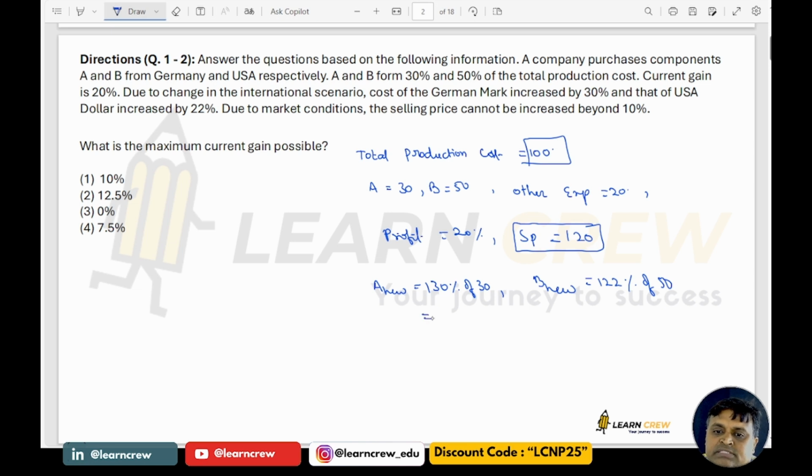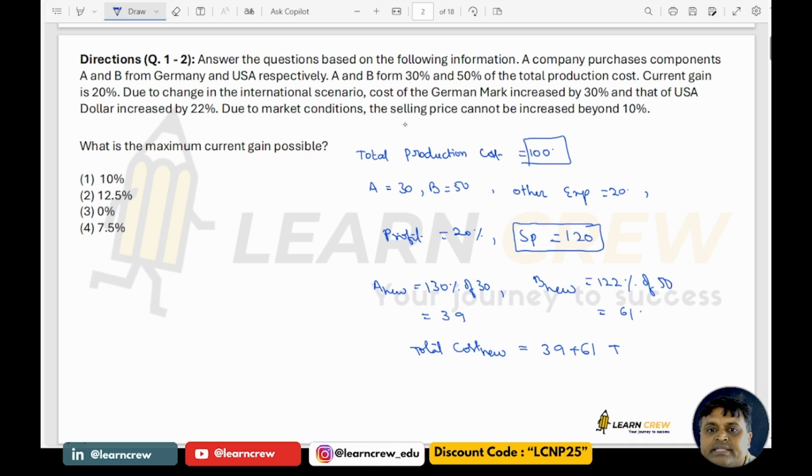So 130% of 30 is 39. 122% of 50 is 61. Thereby, total cost of production of the product would be how much here? 39 plus 61.